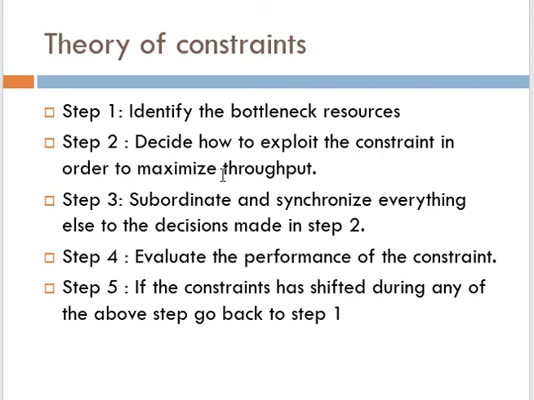So after studying the bottleneck resources, everything related to the production process, the constraints will be identified. Then a decision out of it will be made. So in the third step, they will start implementing the alternatives they have decided. It can be giving training to the laborers.